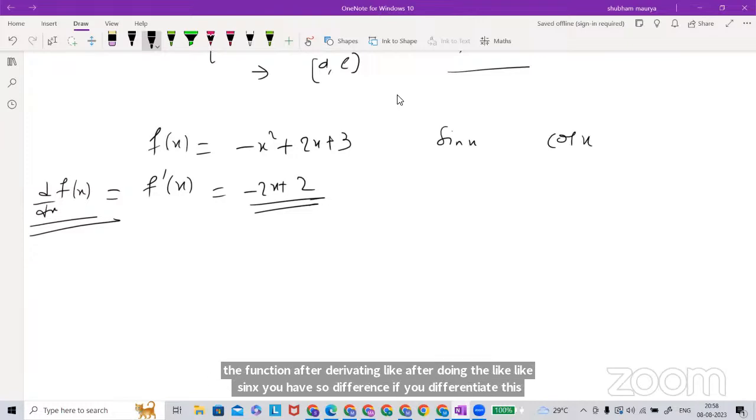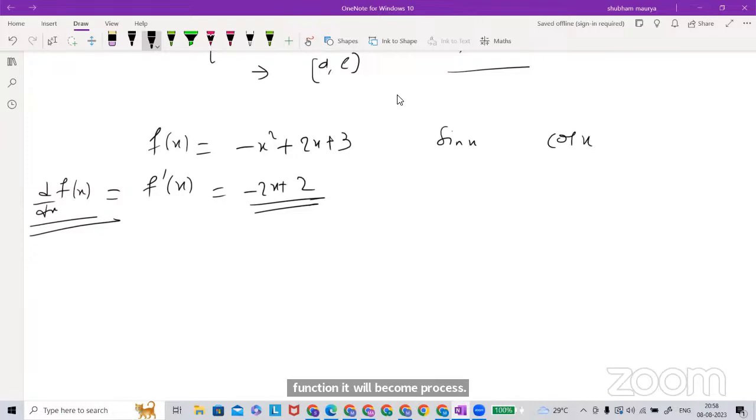Similarly, you obtain this function using the formula: x to the power n, and if you differentiate it, the derivative will be n times x to the power n minus 1. Using this, you can find it easily. This is going to be the derivative of the function.